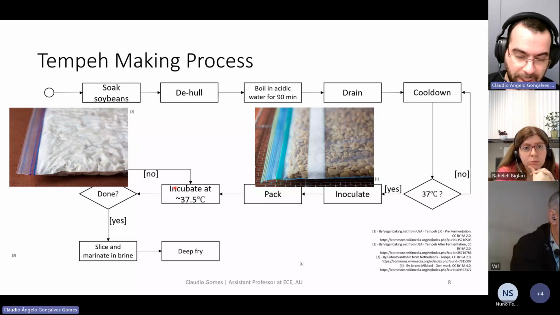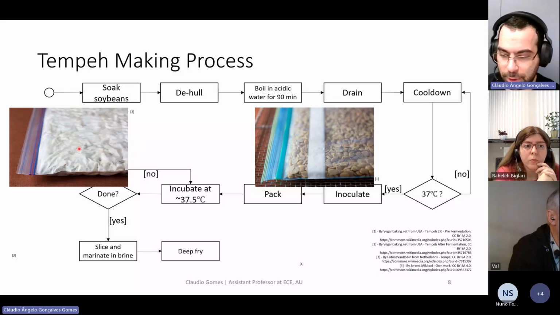So it's actually better. It increases the bioavailability of this, and then the product of this process is this dense paste that tastes a bit like mushrooms.